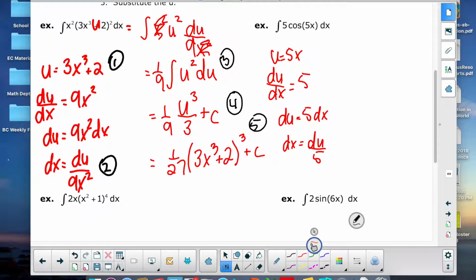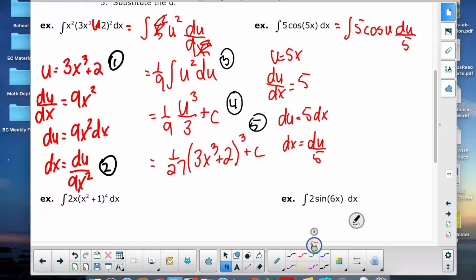There's my step 2. Okay, so my step 1, determining the u. Step 2, figuring out what the dx is. Step 3 was what? Substitute it in, right? So in our original integral, awesome.